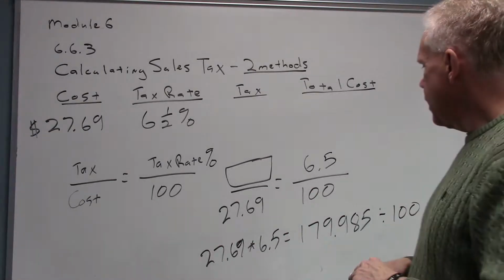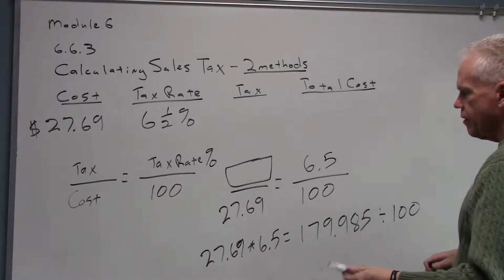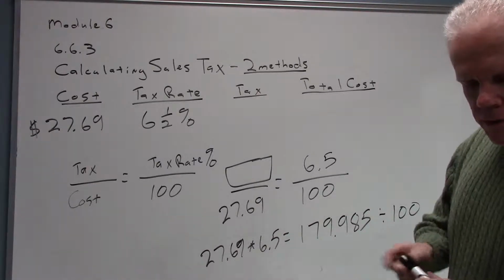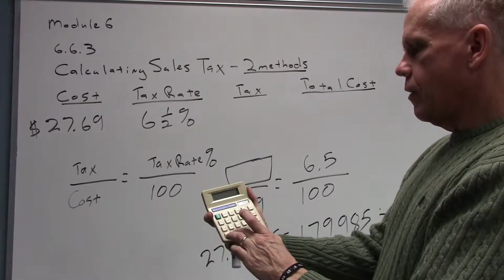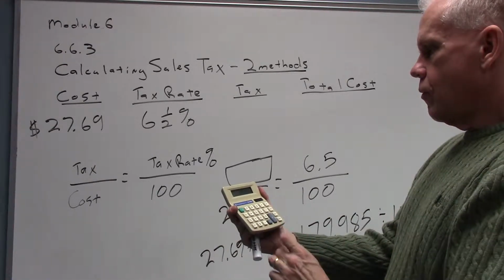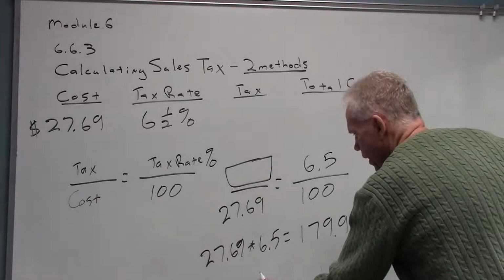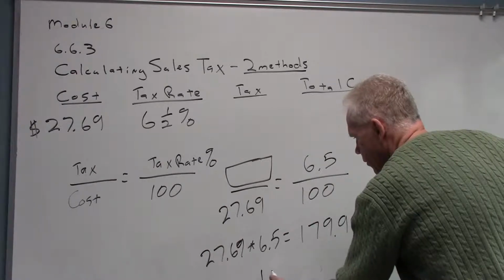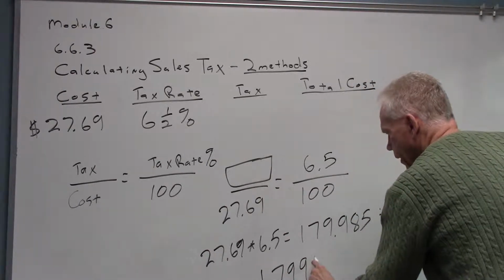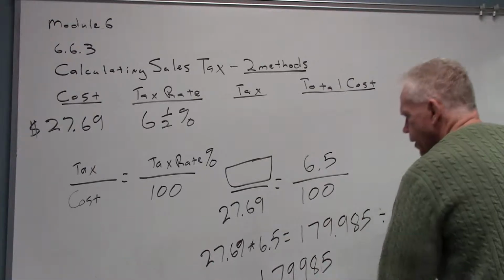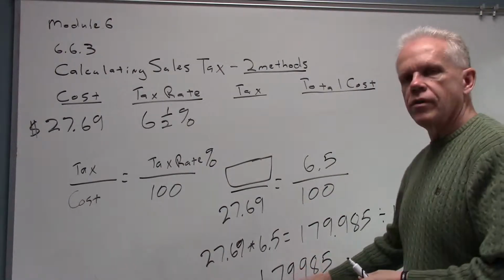I'll pop it in my calculator for your benefit here. Divided by 100 equals, I'm now getting for an answer 1.79985.